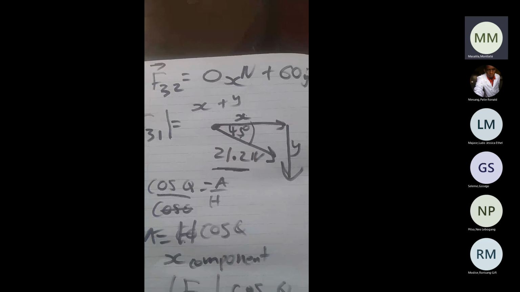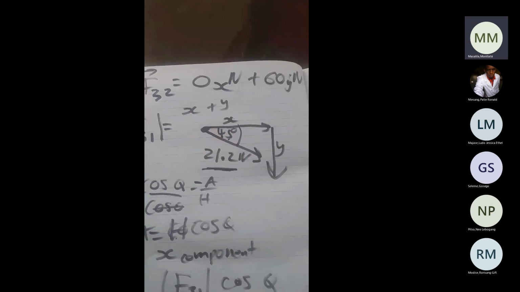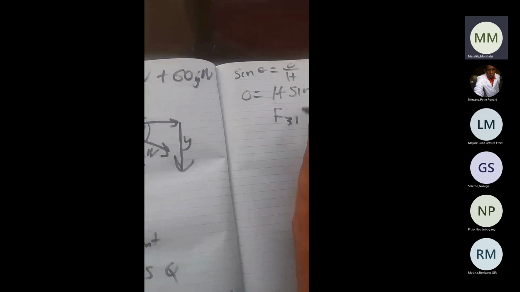Now the y component of this force. Sine theta is equal to O over h, so O is h sine theta, and our h is F31.